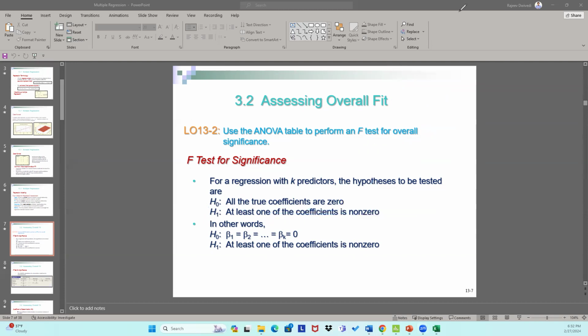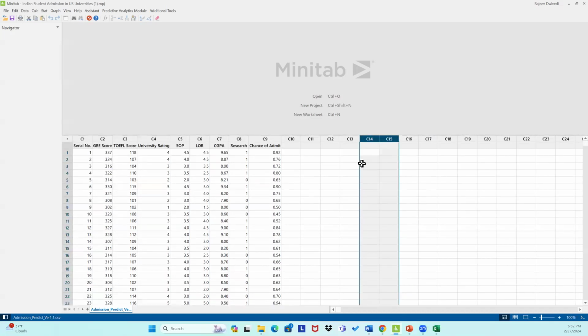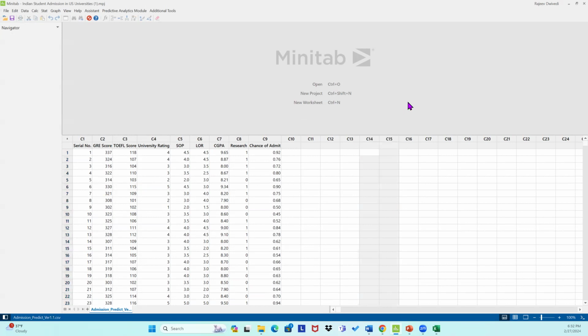now let me start with my Minitab. You can do all these things exactly in Excel also. First things first, before going into regression, you need to get the correlation. You need to understand the correlation between variables.